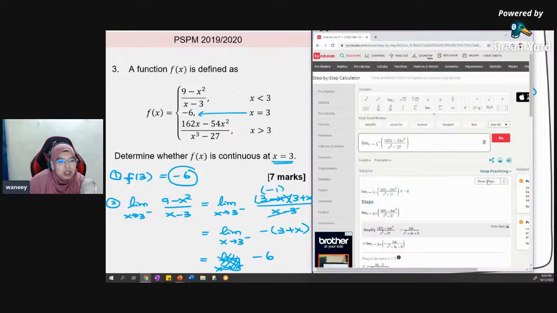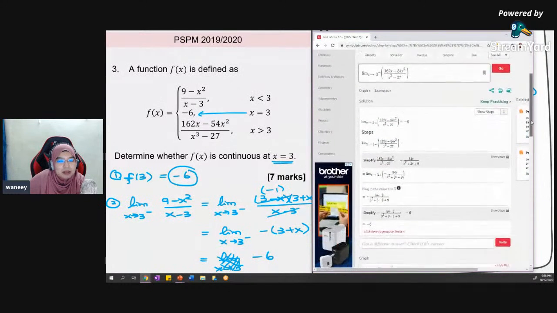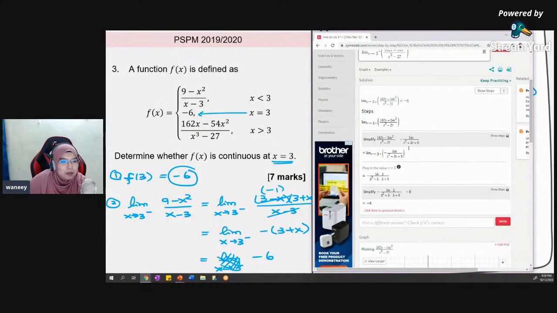Right, so dekat sini nanti boleh tengok lah siapa yang salah tu kan. Boleh perasan tak kat sini? Kita dah simplify kan. So yang ini kita factorize lah sebenarnya. Bila kita simplify, kita dapat benda ni. So sama macam yang kita dapat tadi lah. And then kita ganti nilai, dapatlah negative 6.